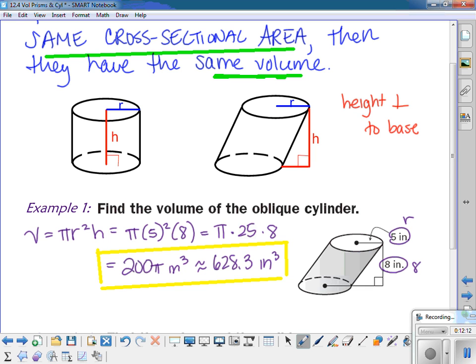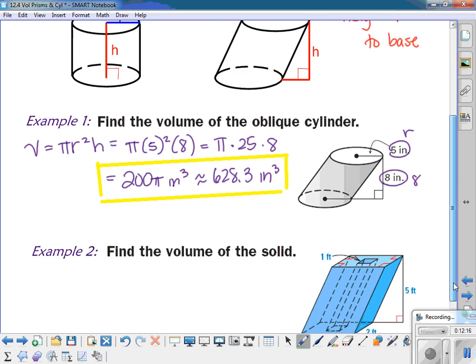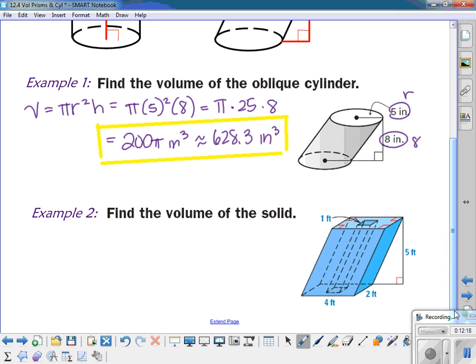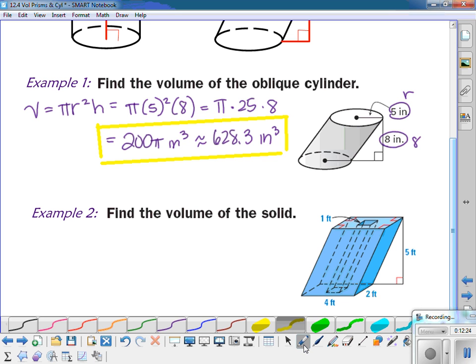Okay, and so we can also have composites. We can have composites where we add, but we also sometimes have composites where we subtract, where part of it is cut out. So in this particular case, what I have is I've got a big box with a little box cut out of it.